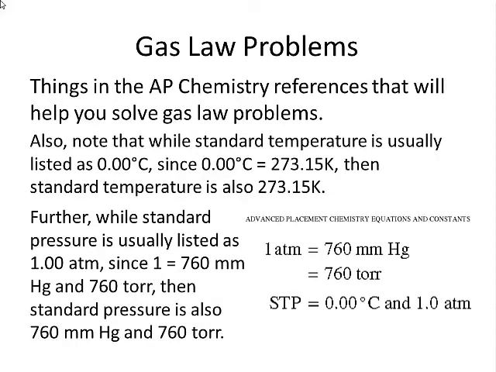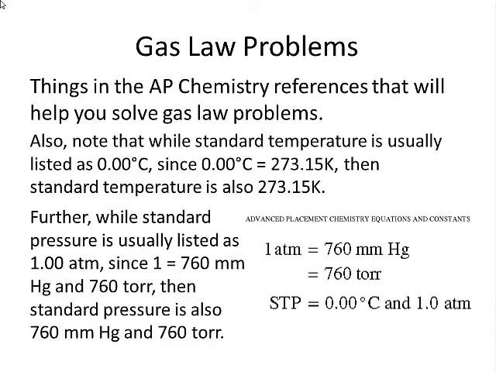All right, now one more thing to remind you about or tell you about and show you. It's in the references. Okay? When we talk about STP, standard temperature and pressure, we list standard temperature as 0 degrees C because it's easy to remember. You already know that 0 degrees C is 273.15 K, right?